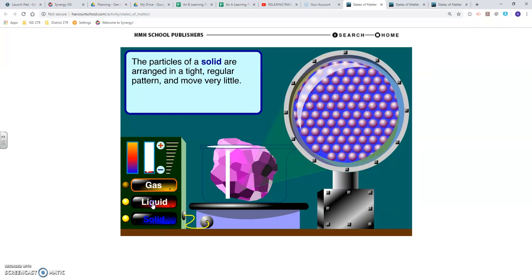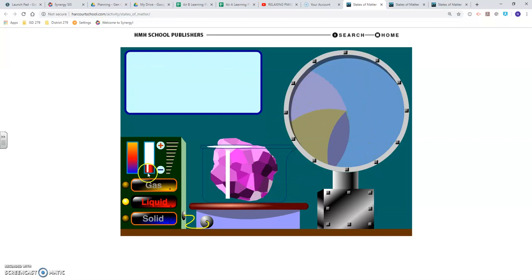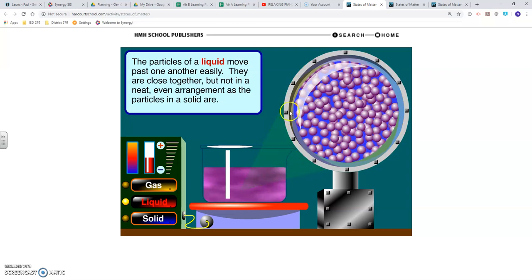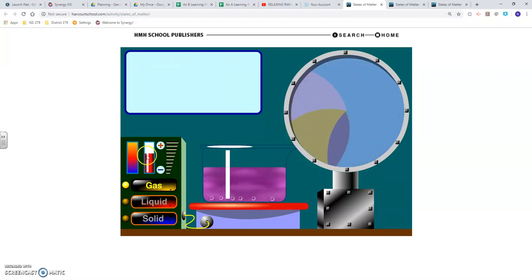Okay, now when I click liquid, first I see that my temperature had to go up, which means temperature is what we're talking about when we're talking about energy. Now we zoom in and we see these particles are moving. Some of them are still vibrating, but they can move a little more freely than they could in our solid state. If I click on gas, notice my temperature is going to go up even more.